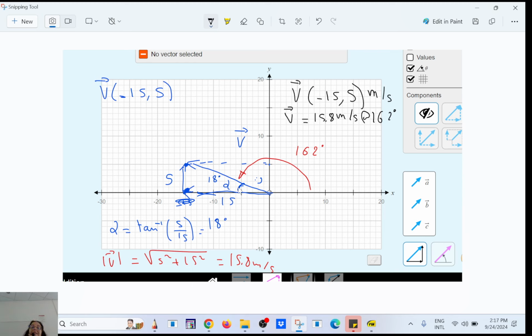Because if you say 18, it could be 18 here, it could be 18 there, you're not sure. But if you say from the positive x-axis, we know what we are talking about. Because from the positive x-axis, you go counterclockwise and it's going to be positive. Okay?